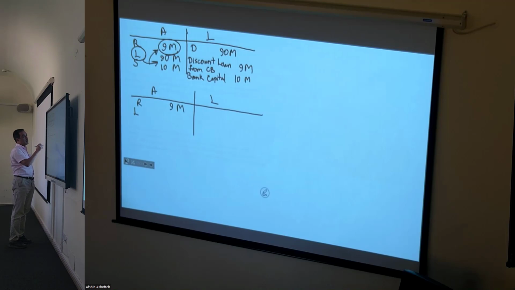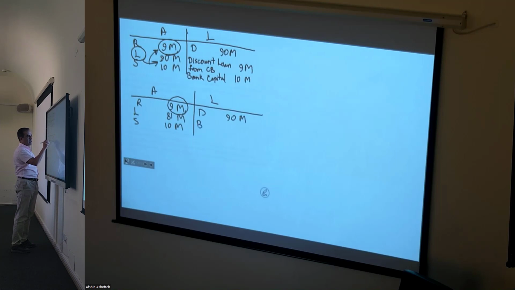So the loans could be reduced from 90 to 81 million to have this 9 million as a reserve, and securities would be untouched. The deposit would be untouched, and the bank capital 10 million untouched. So it is also very expensive for the bank to reduce the loans by selling them off to other banks or financial institutions.